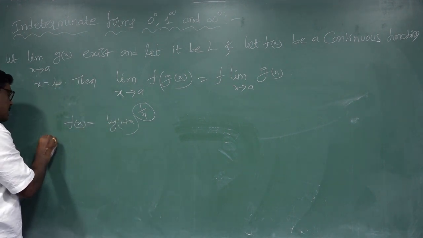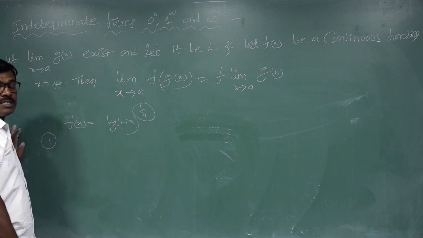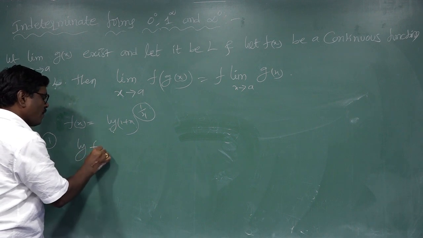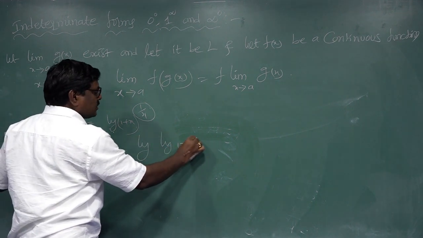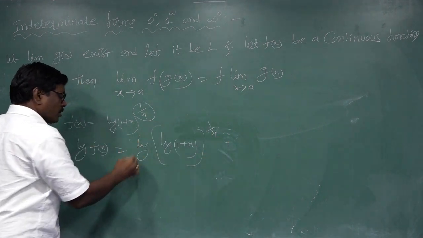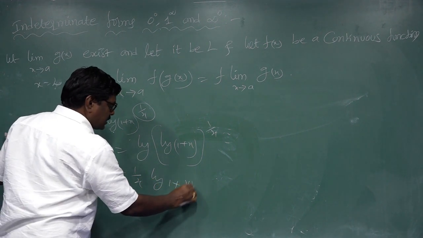This is the first case. First, when there is a power of some function, take log on both sides. Log of f of x equals log of (1 plus x) power of 1 by x. This becomes 1 by x times log of (1 plus x).